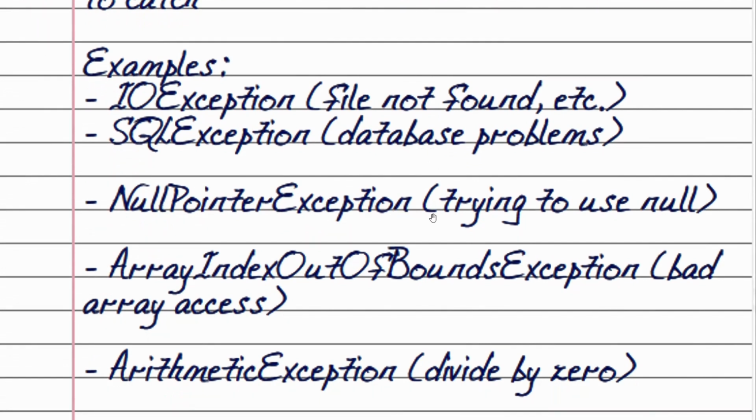This type of exception occurs if you are trying to use a null. We will see this example in code as well. Suppose we have initialized a variable as null and try to do some operation on it, let's say toUpperCase or toLowerCase. It might give an error as NullPointerException.